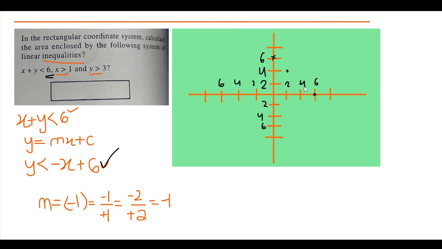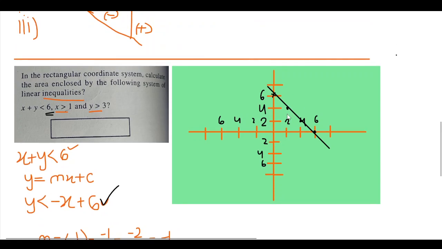So I can almost see a straight line over here. Let me draw a line, that's going to make things a bit easier. Even though it's not perfect, you guys get the idea, right? So this is the overall line.